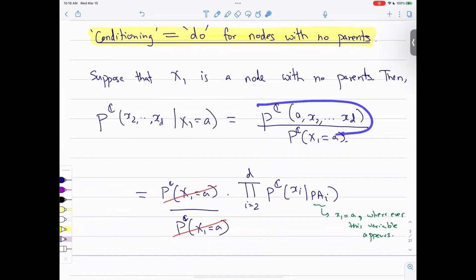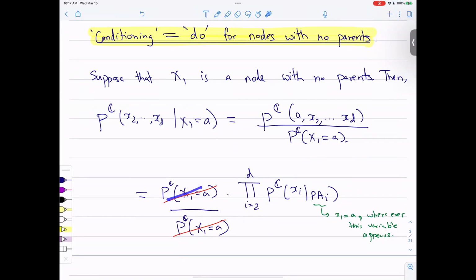Now I'll do the factorization for this. Remember x1 has no parents, so in the factorization it just appears as p of x1, just the distribution for that particular variable. For everything else, from the factorization, p of xi given pai.